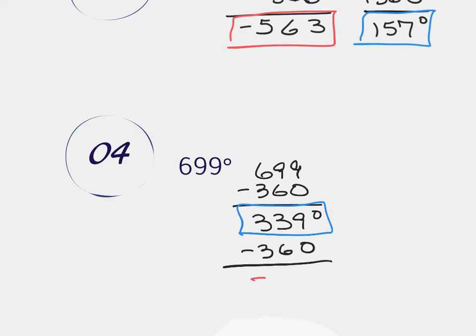Once I finally do that, I get negative 21 degrees. So again, it's a matter of adding and subtracting 360 degrees. All of these, when you graph them, are going to end up starting at the same spot and ending up on the same spot.